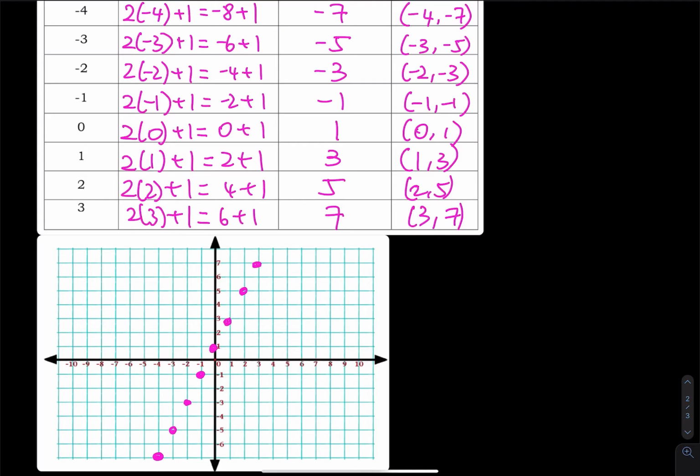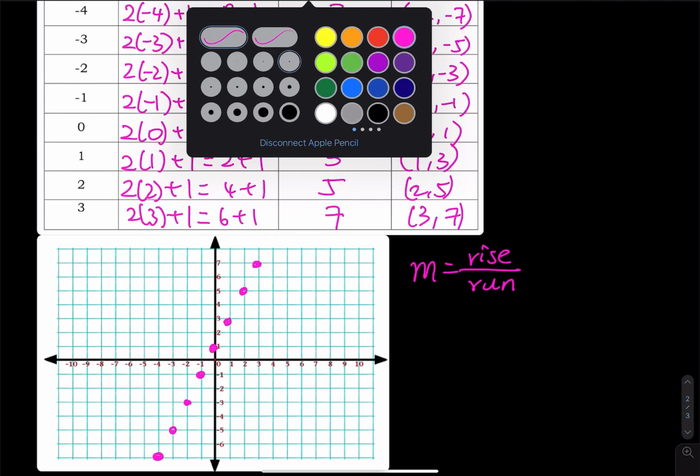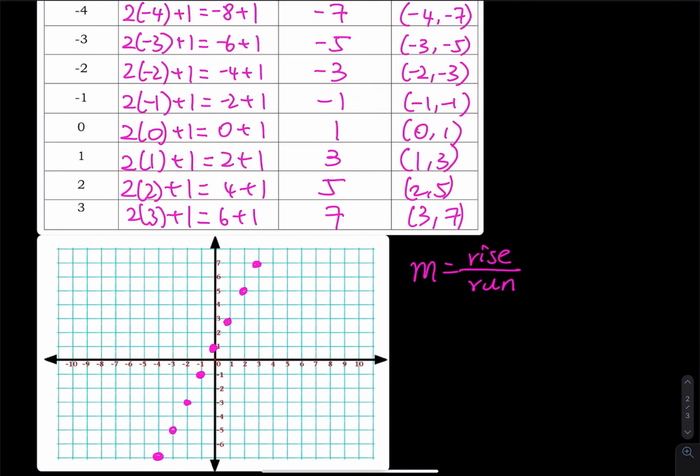So do you see that if you trace the slope, m equals rise over run, what is the slope? So here is the slope. You grab a point, so you take 1 unit to the right and then 2 units up, right? So the run is equal to 1, and then the rise is equal to 2.